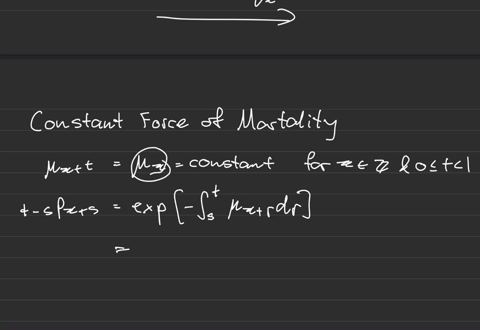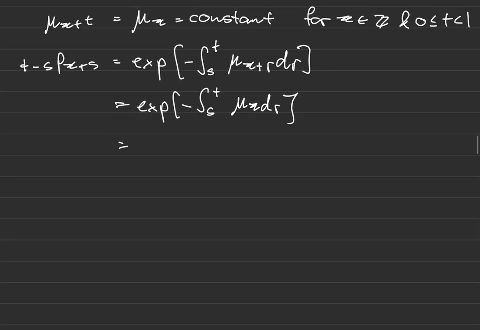I can just replace it with mu x. So I get exponent of minus the integral from s to t of mu x dr. And what happens when you integrate a constant is you just get the constant out. So you get the exponent of minus t minus s times by mu x. And then of course I can just write this as this.